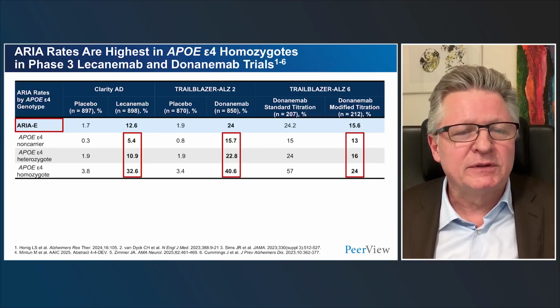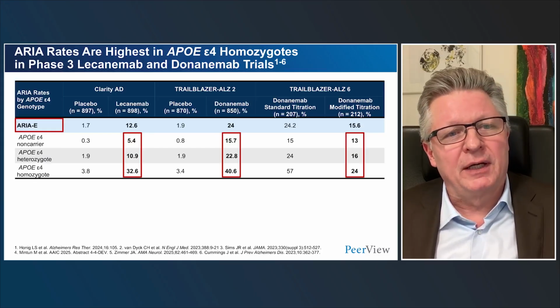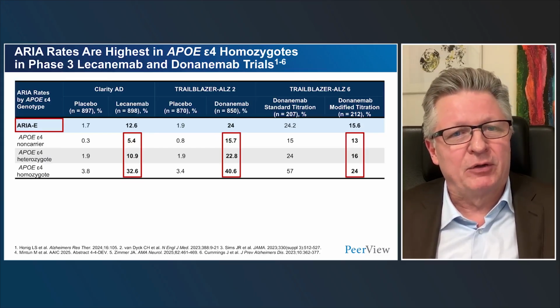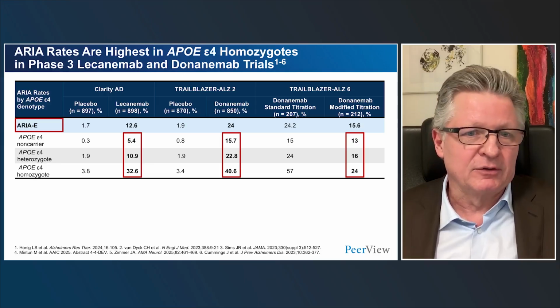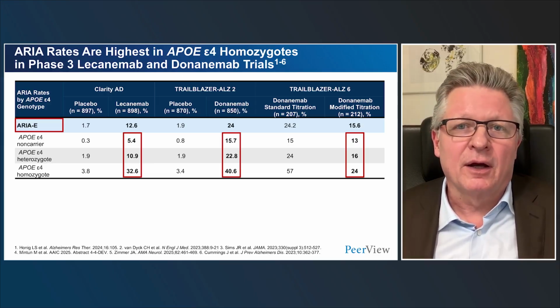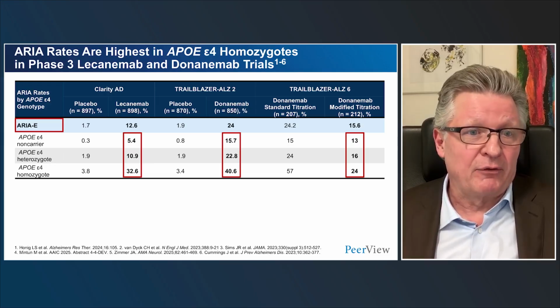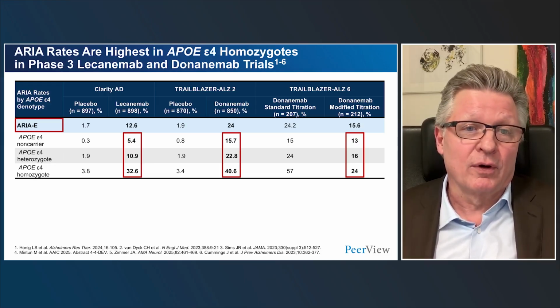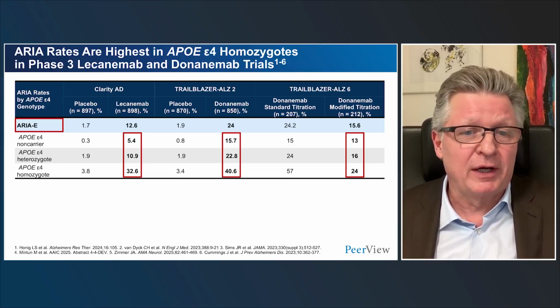These are the frequencies of the two prominent anti-amyloid antibodies, lecanemab and donanemab, from the phase 3 clinical trials. On the left, there are the numbers of ARIA-E, first from the Clarity AD lecanemab trial.